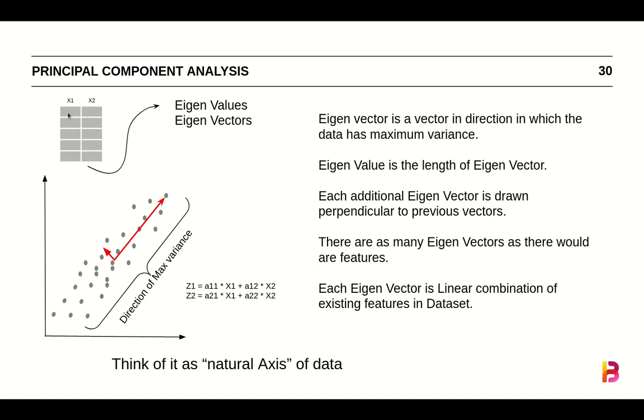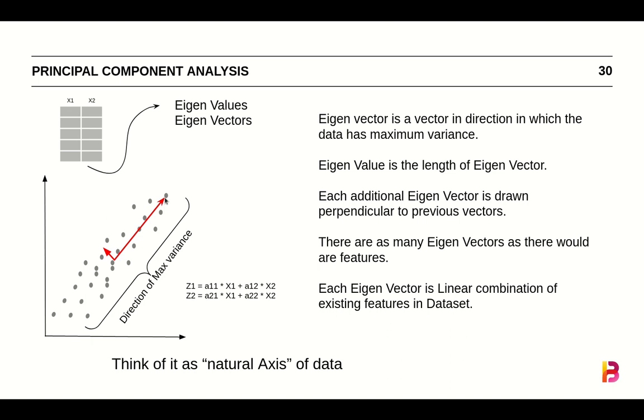Now you might ask, we have three features and we are drawing three axes. Where is the dimensionality reduction coming from? We have gone from 3 dimensions to 3 dimensions. In this case, we have gone from 2 dimensions to 2 dimensions. Now what happens is, because the first eigenvalue explains almost all of the variance of the data, if this was way too small compared to this, we would drop this off.